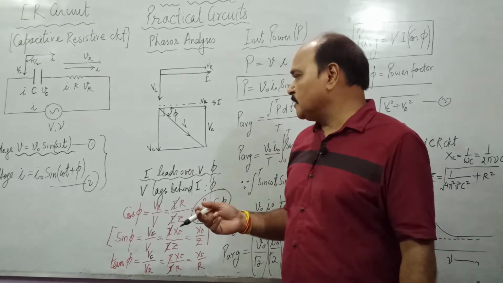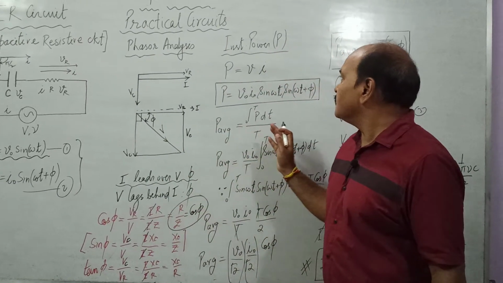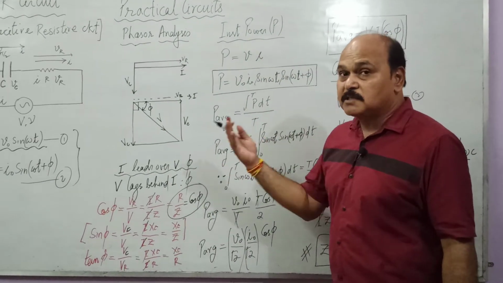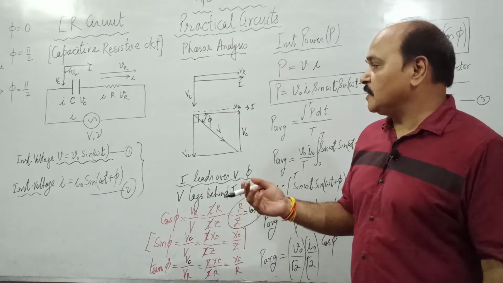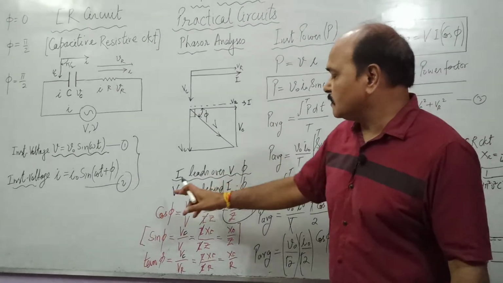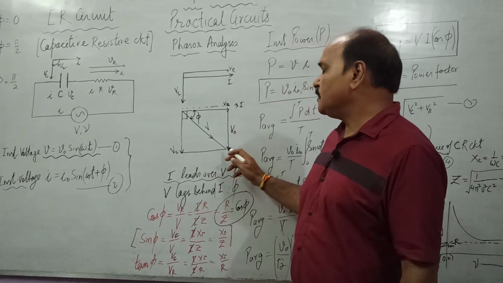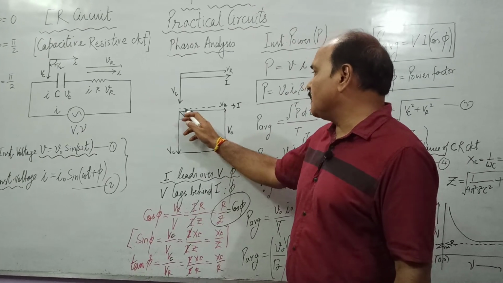Another important thing which I have not yet stated here is wattless current. So what is wattless current? Let us see it here. This is V, and we know that V lags behind current by phase phi.